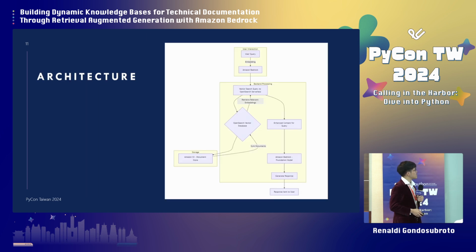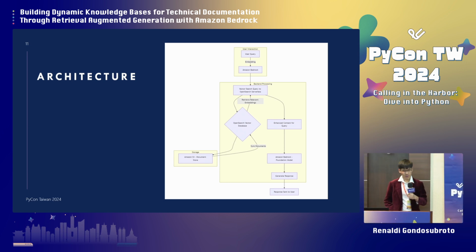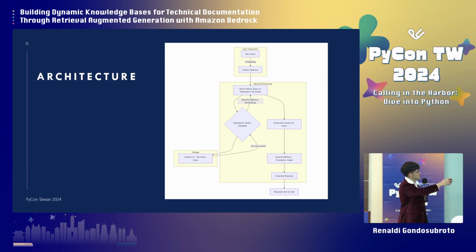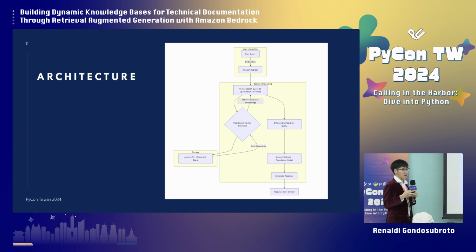So this is the architecture that is currently being used in this particular scenario. As you can see over here, we first of all have a user query. Essentially how we want it to work is that the user firstly queries the particular system that we already have. Then embedding happens, and Amazon Bedrock processes the request and goes into the backend for processing.